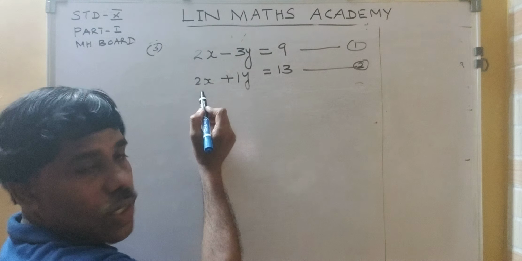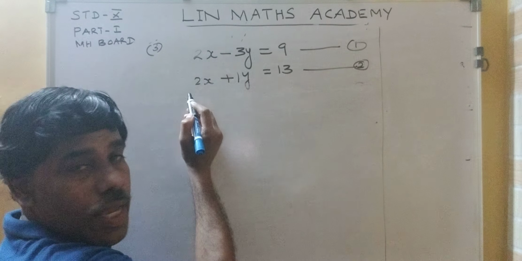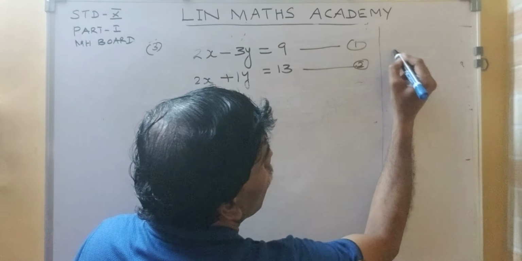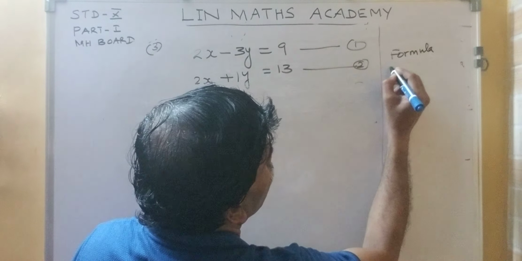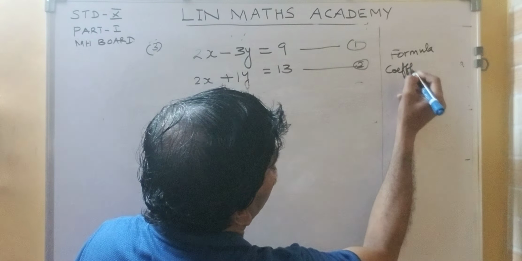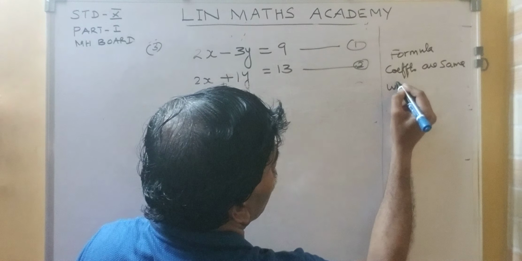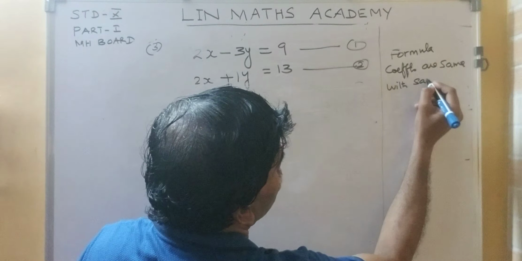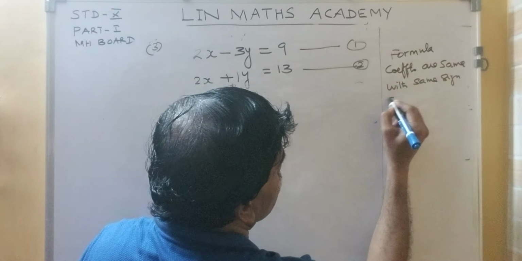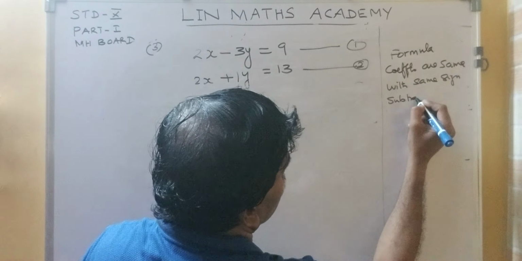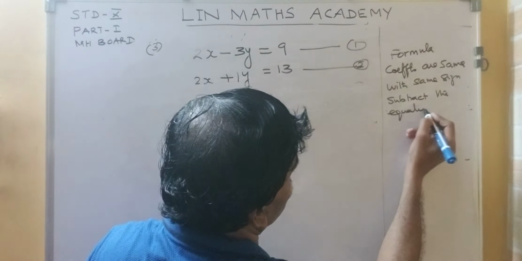See here 2x, here also 2x. The coefficients are same, but with the same sign. So formula: coefficients are same with same sign, subtract the equations.